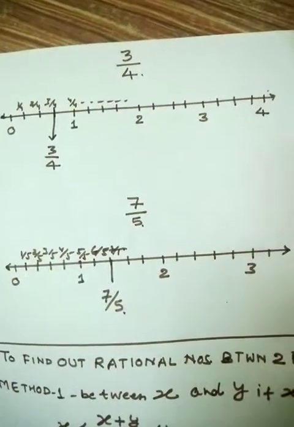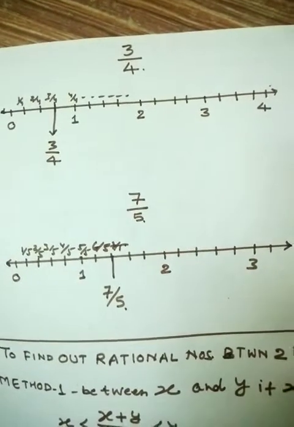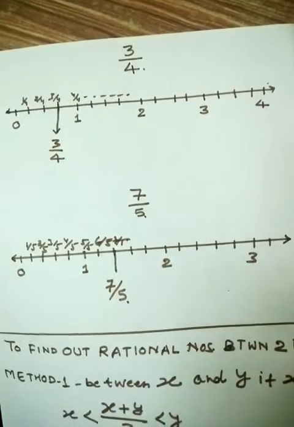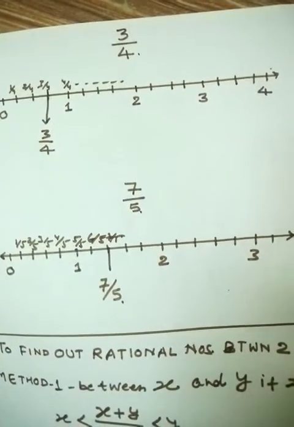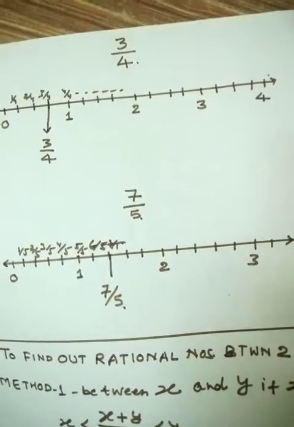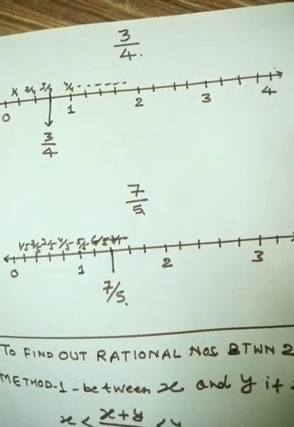Here the denominator is 5, so we have to make 5 divisions of each number. So I have taken enough space between two numbers so that we can draw equal divisions of each number.